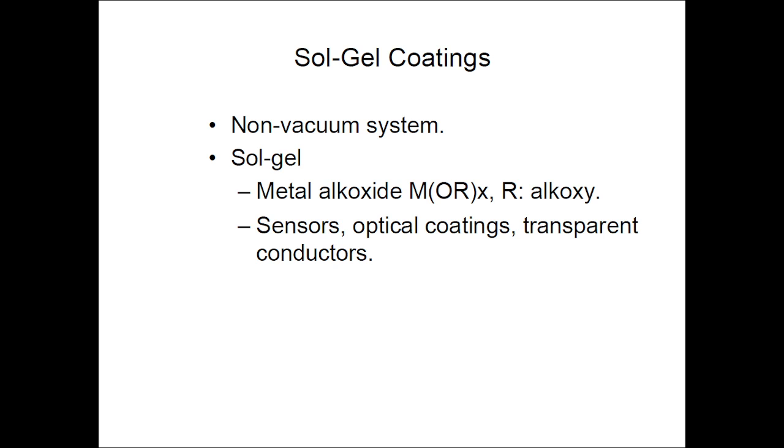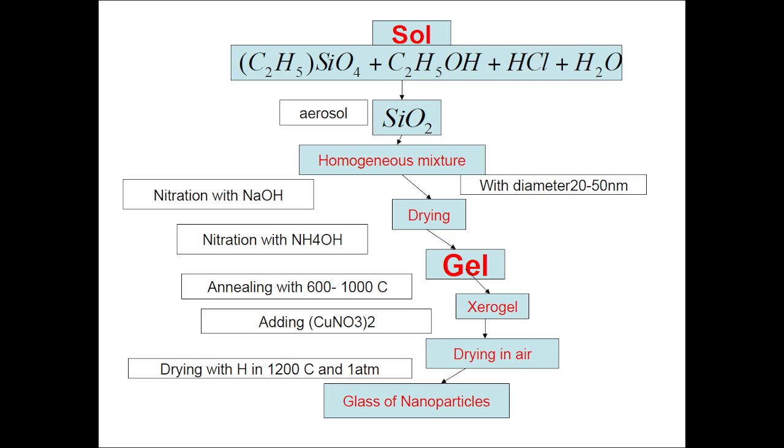Okay, and sol gel coating is a non-vacuum system. Again, sol gel is used for metal oxides, especially metal oxide preparation. You can use the sol gel method, and sensors, optical coatings, and transparent conductors can be made using this technique. So this is the flow chart of sol gel preparation of nanoparticles.